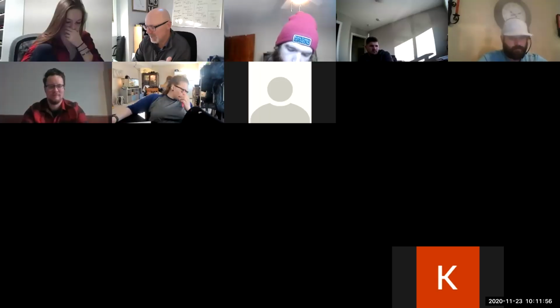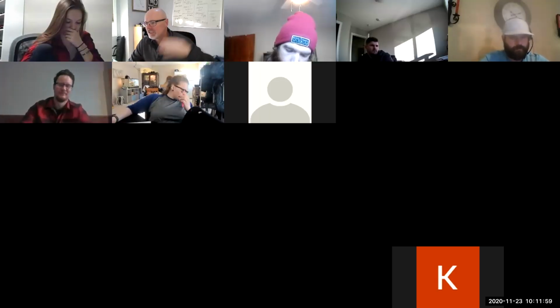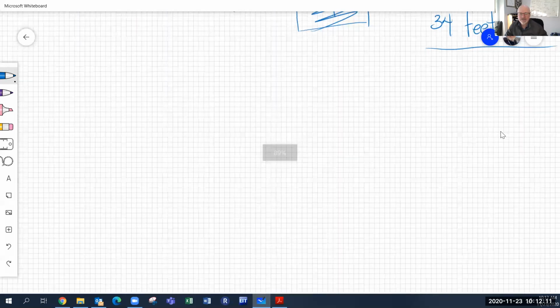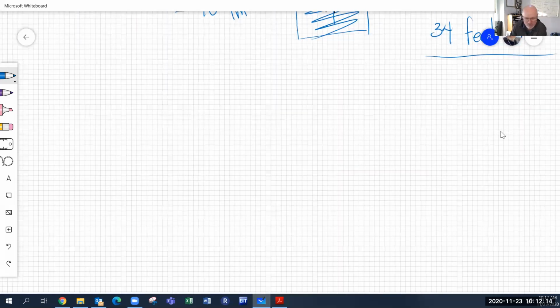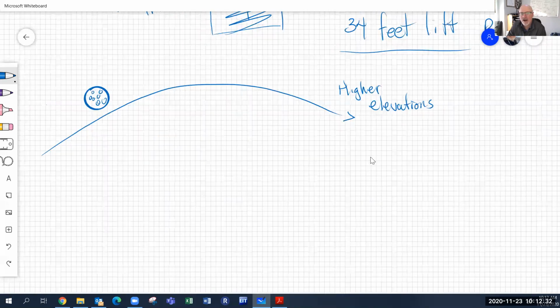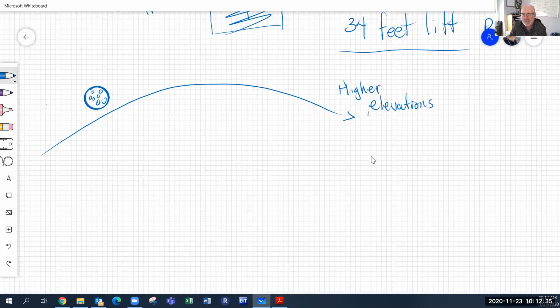So what I'm trying to say is that at higher elevations, we have less pressure. We talked about that before, I believe, in a very rudimentary way. Let me talk about that a little bit more. My golf ball, with all these dimples on it, flies farther at higher elevations, because at higher elevations there's less atmospheric pressure.